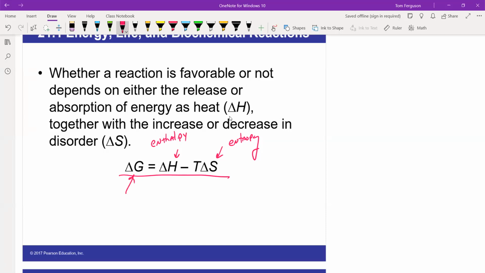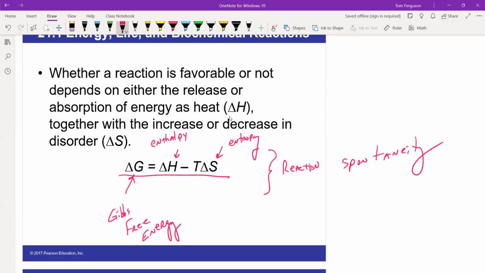And this is G, which is much more accurate at determining reaction spontaneity. In other words, does a reaction go?